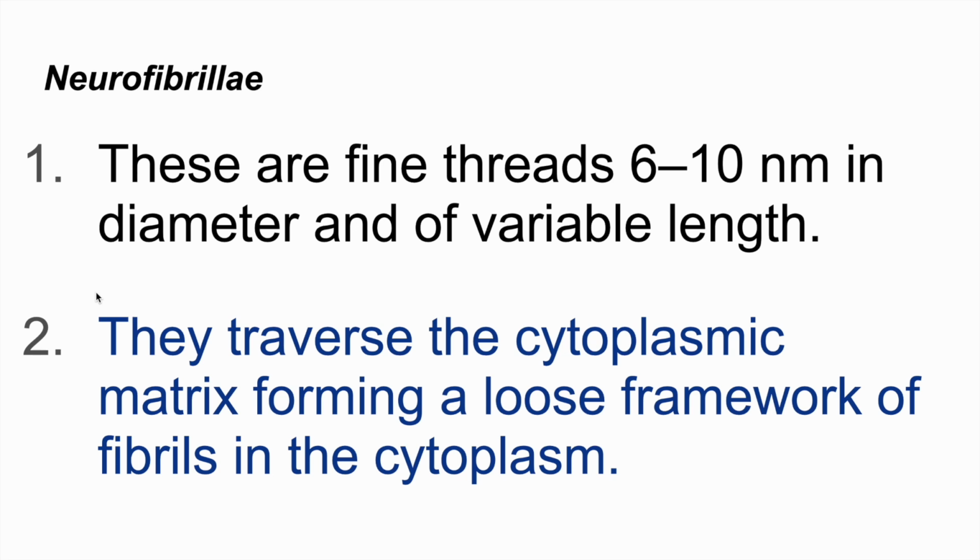Along with Nissl granules, neurofibrillae are there, fine thread-like structures, 6 to 10 nanometers in diameter and of various lengths. They run through the cytoplasmic matrix, forming a loose framework of fibrils in the cytoplasm.